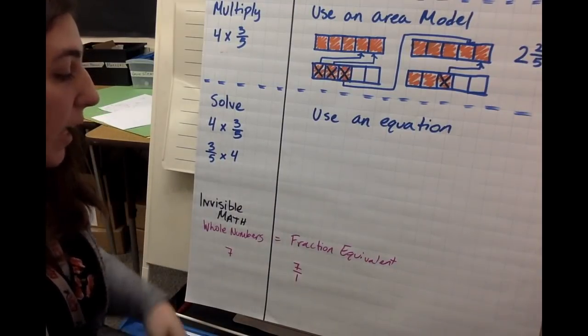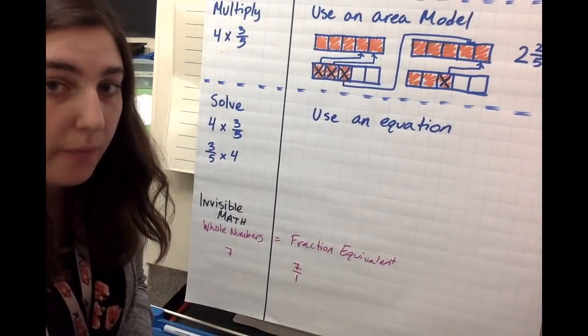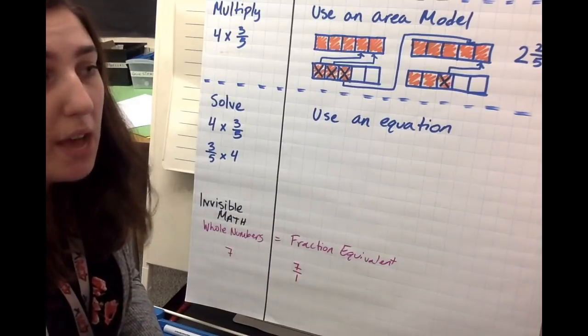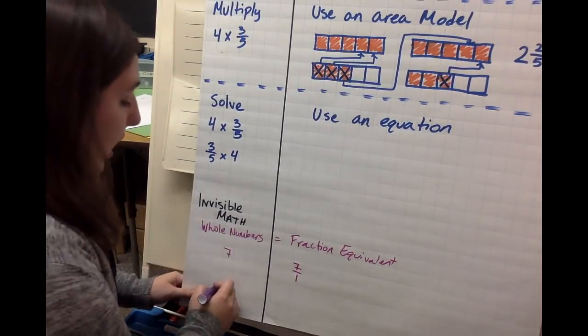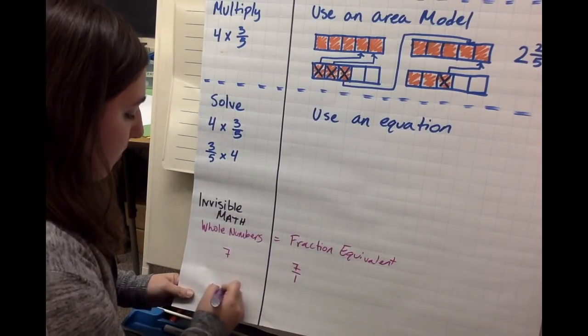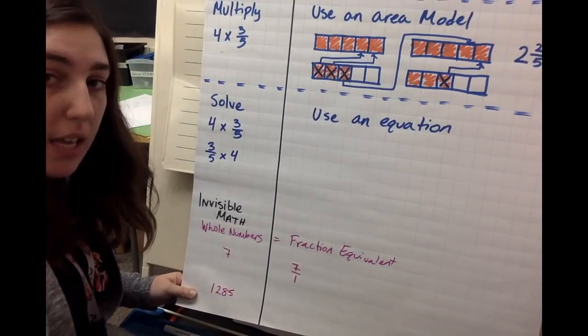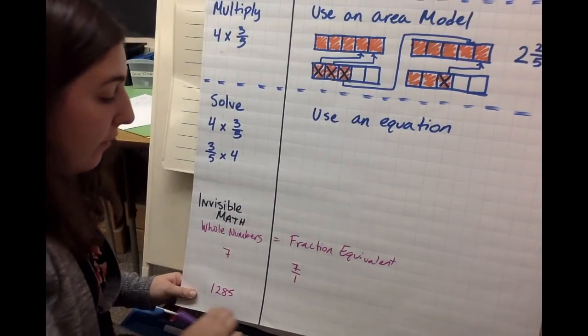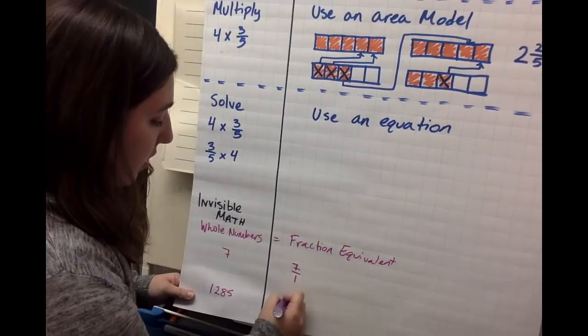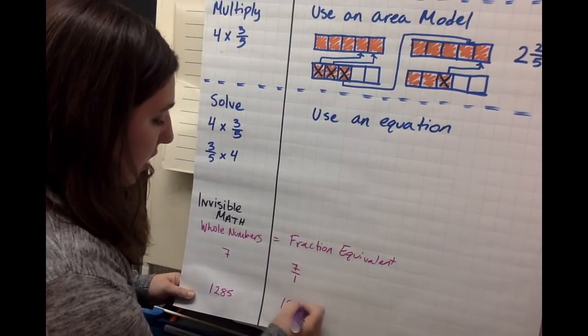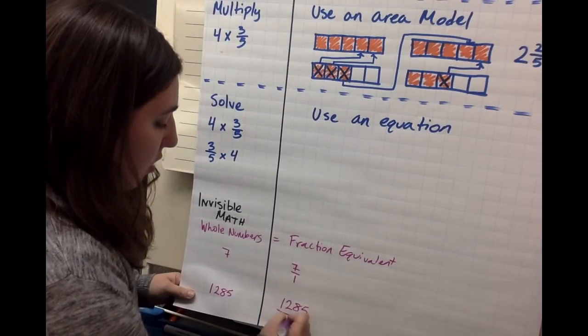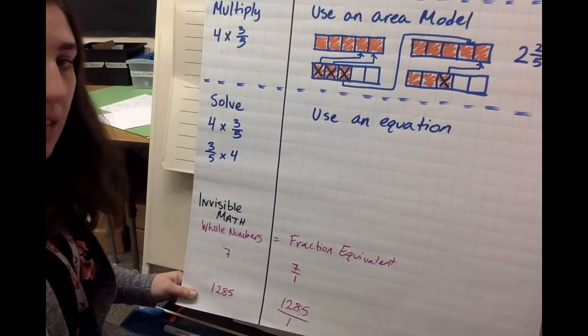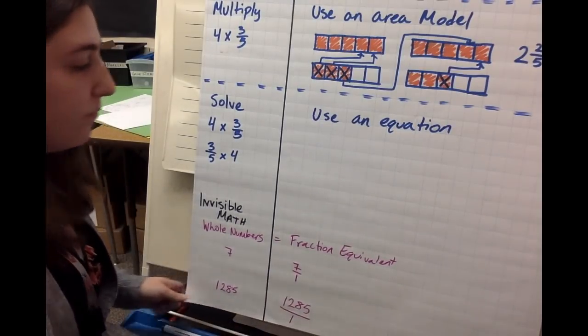All right, so I can do this with any number. If I wanted to do this with 1,285, okay, here I have 1,285. Its fraction equivalent is 1,285/1. Okay, they're the same thing.